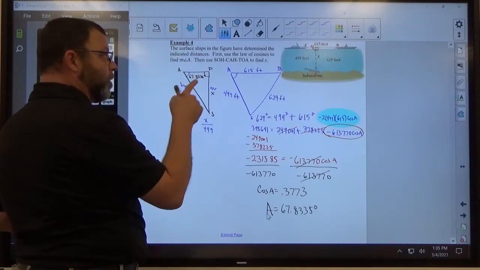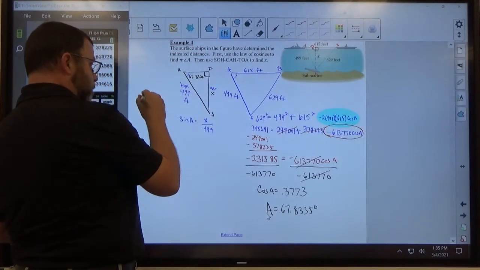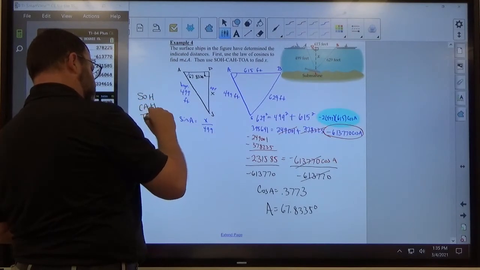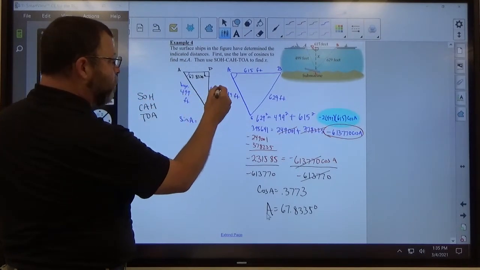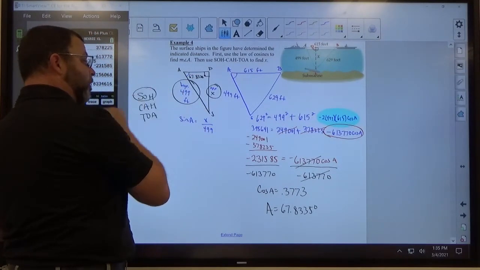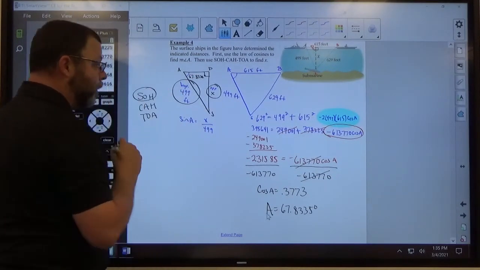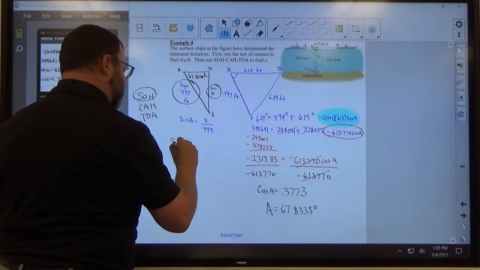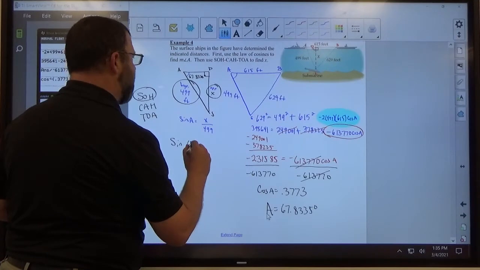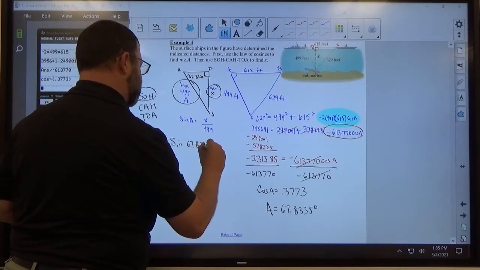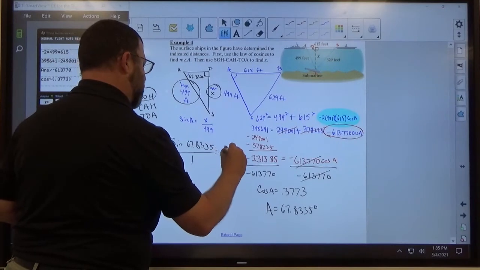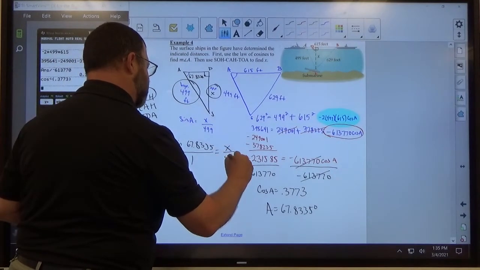And that means by SOHCAHTOA, opposite is what we want to know, hypotenuse is what we do know for the angle 67.8335. So sine is what I'm using, that's why I got that. So now I'm going to have sine of 67.8335 over 1 equals x over 499.